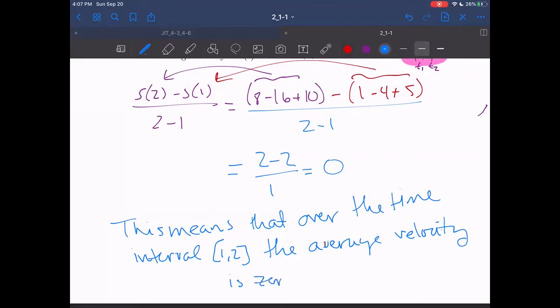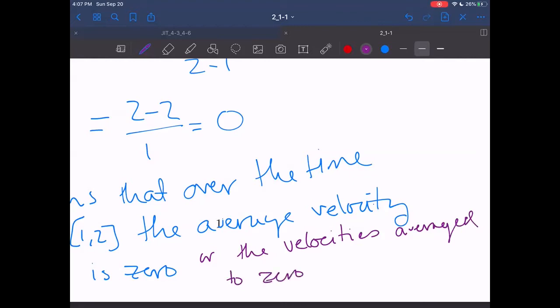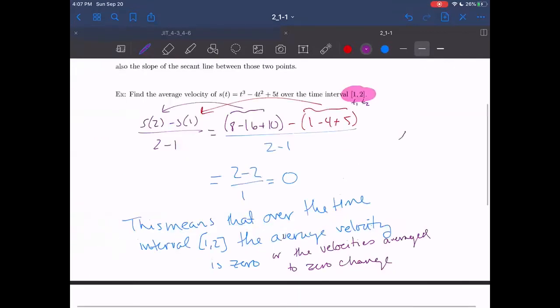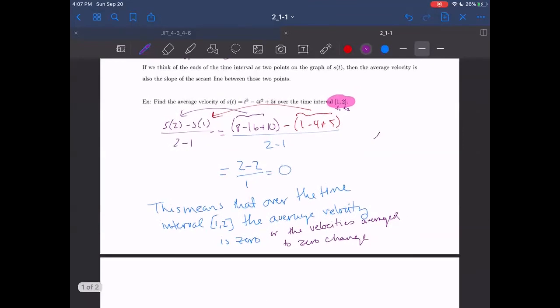Another way to think about that is that the velocities average to 0 change. So there's average velocity. And with average velocity, we need two points, right?